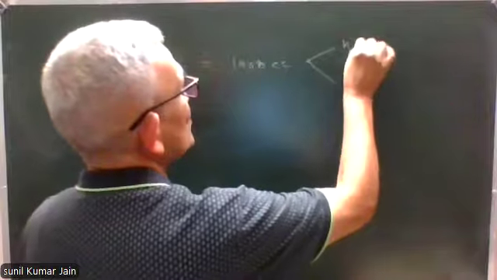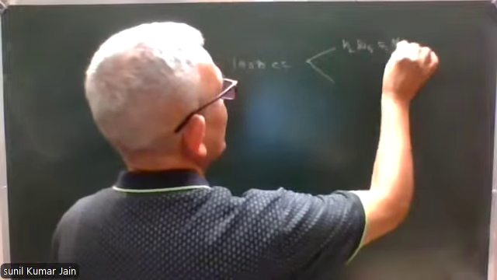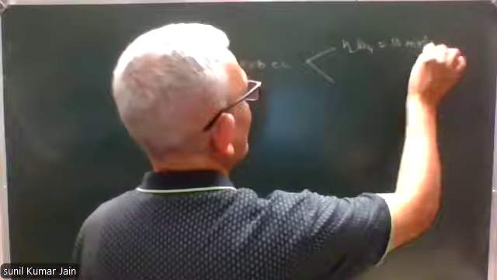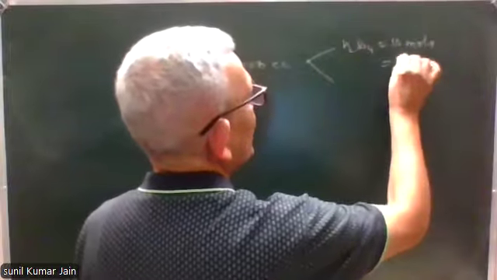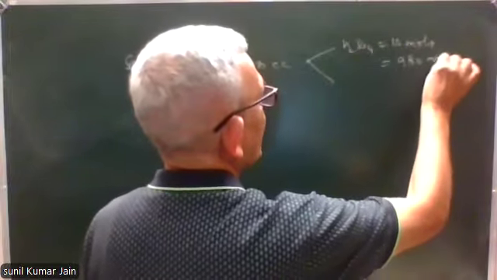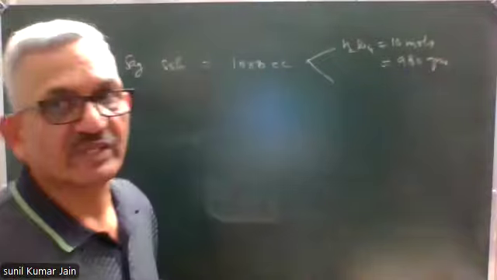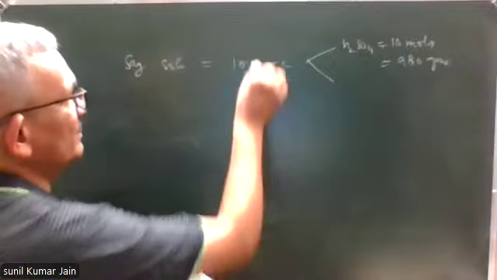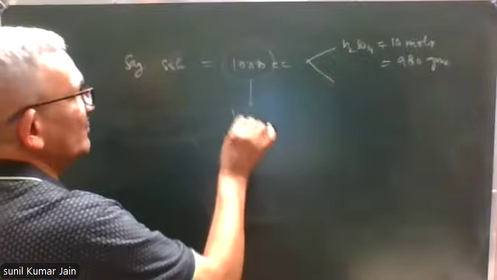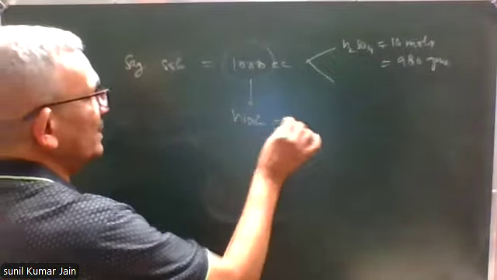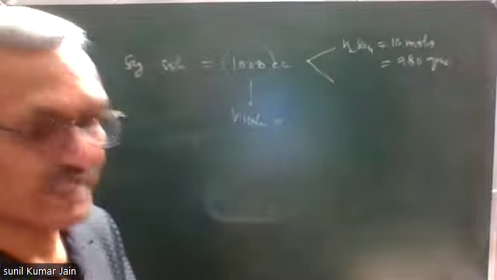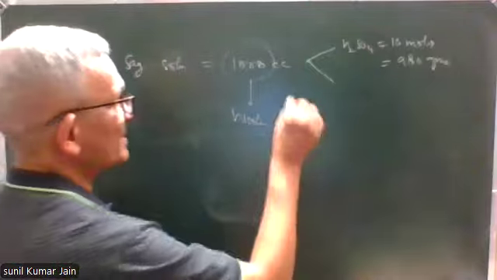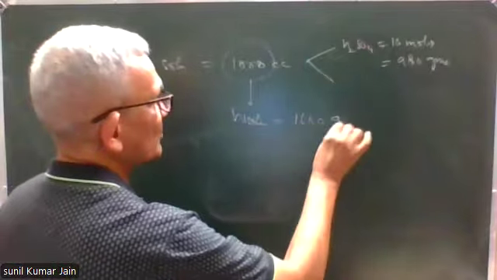It means sulfuric acid will be 10 moles. 10 moles will be 980 grams. Molecular weight of sulfuric acid is 98. 98 into 10, 980 grams. Now, weight of this solution will be 1000 multiplied by density. Density is 1.6, 1600 grams.